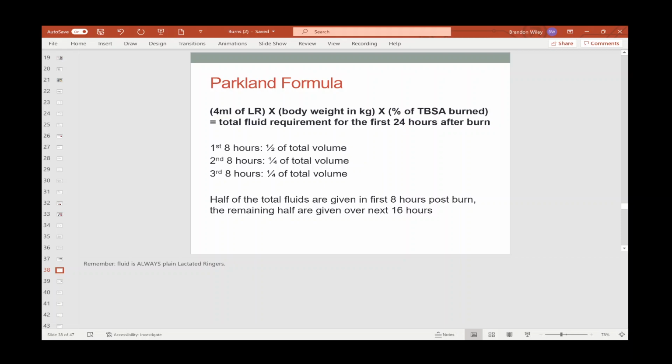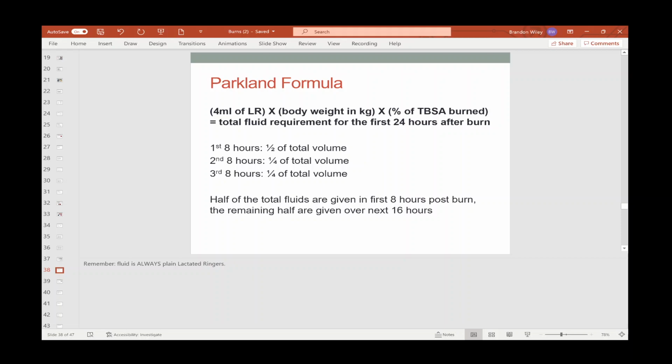Now, we have this total amount, and we need to break it down. Half of that amount will be given in the first 8 hours. If you have 4 liters that you're supposed to give this patient, you have to give it within the first 8 hours from the time of the burn.